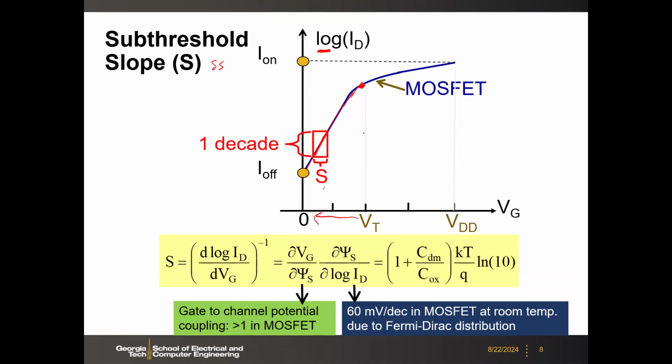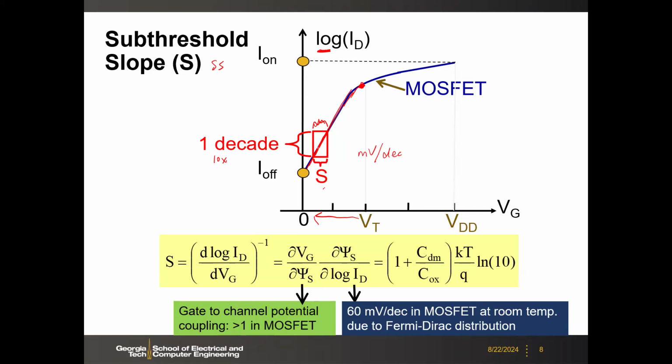It has a unit of millivolt per decade. Decade means you reduce the current by 1 order of magnitude, 10 times. How many millivolts do you need to reduce? So this is a very important characteristic. A good design needs to make this as steep as possible.